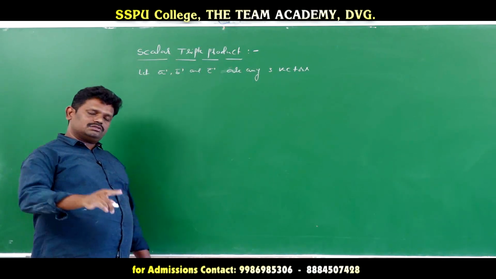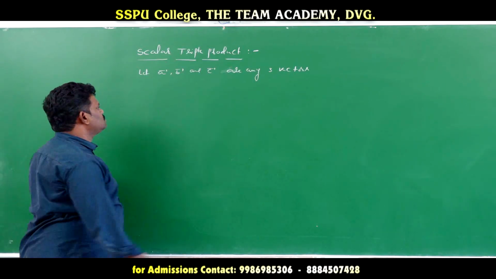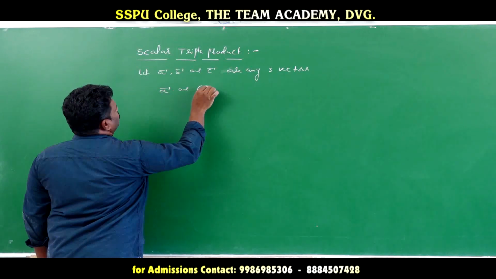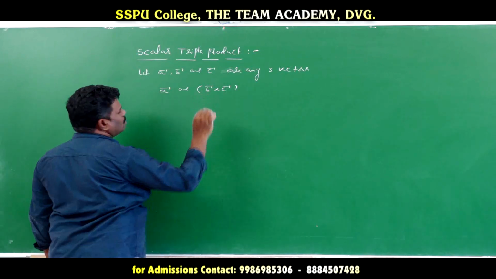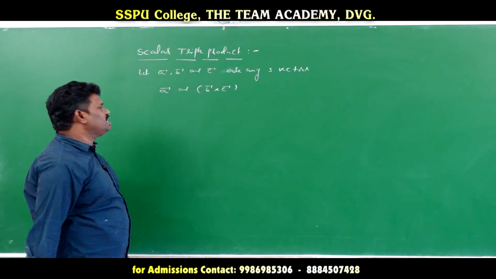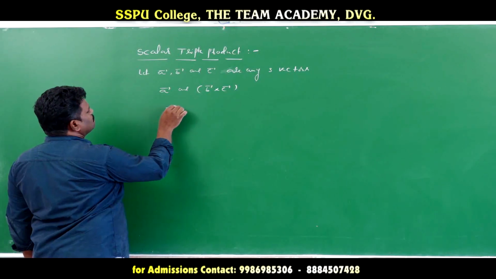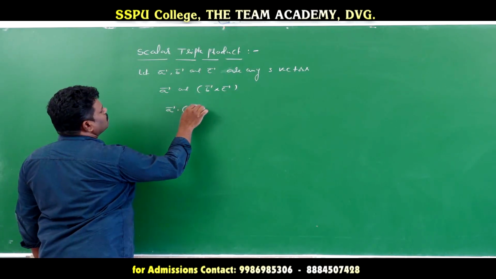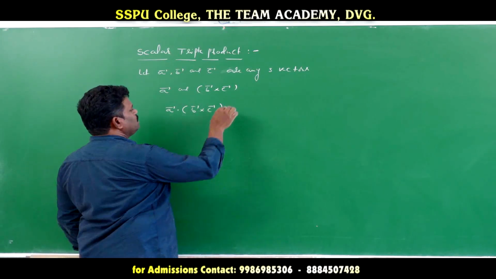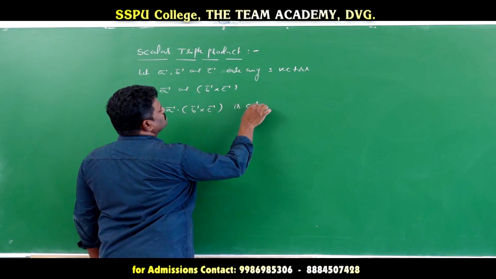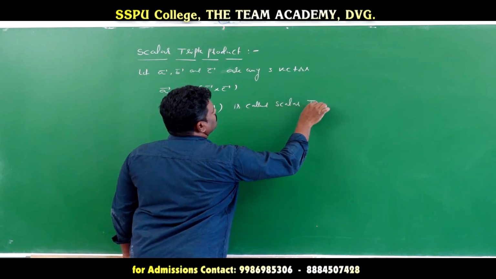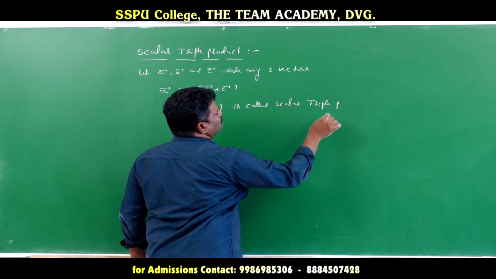Now the scalar product of A bar and B bar cross C bar is denoted by A bar dot B bar cross C bar, and this value is called the scalar triple product.